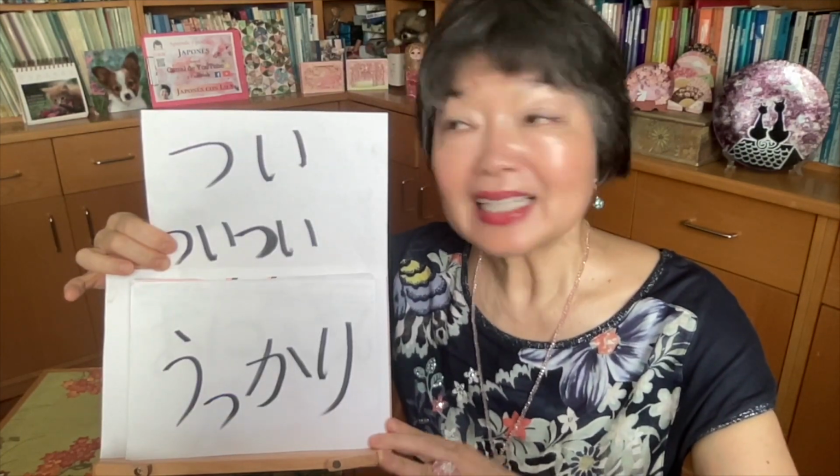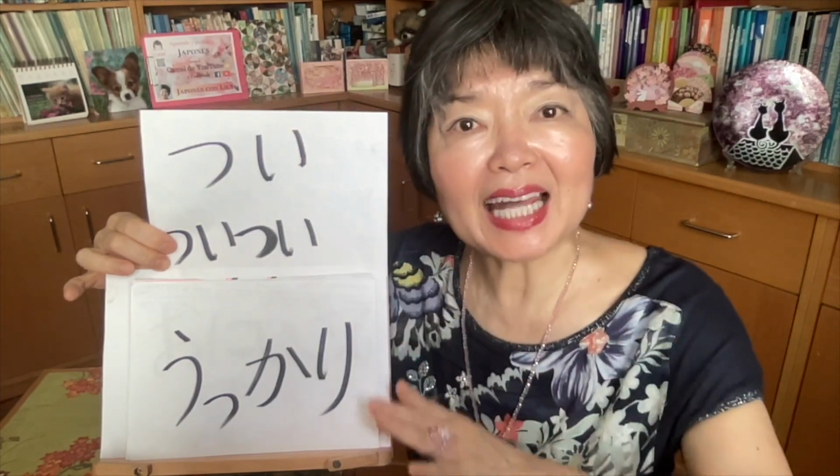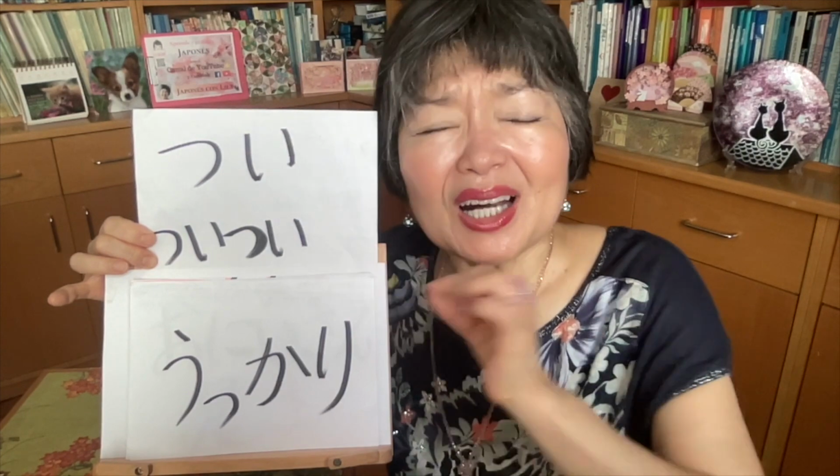Oh my god, elder brother ate little brother's ice cream. Here, the meaning of the sentence changes depending on which adverb we use. If I say つい食べちゃった, it means elder brother knew that was little brother's ice cream, but this was a temptation. He wanted to eat it.